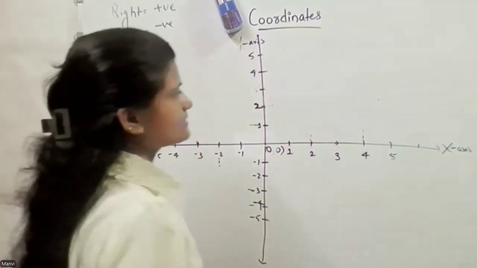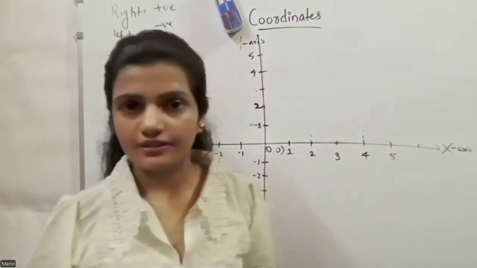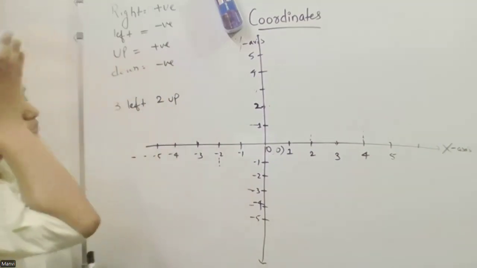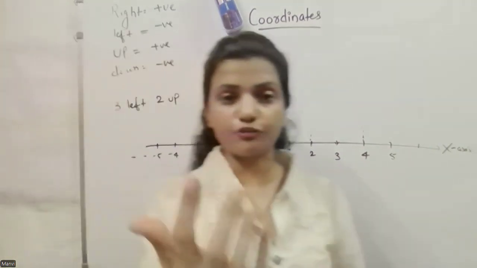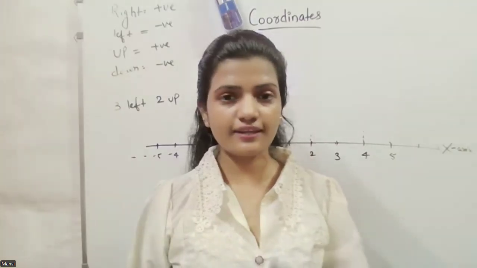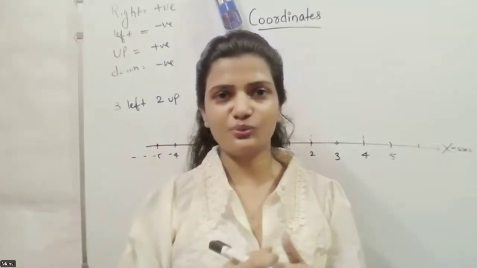The next thing is reflection, Kavya. Reflection is, for example, if you stand in front of your mirror, you can see that your image looks similar to you in the mirror.